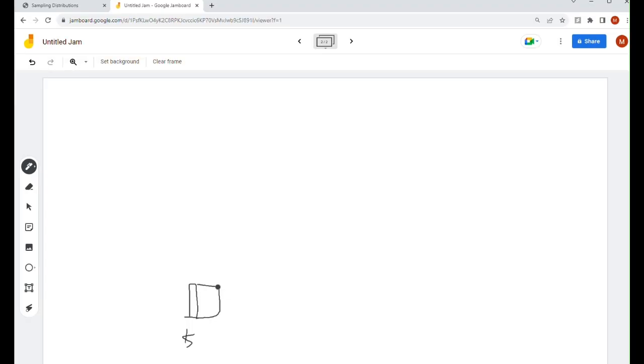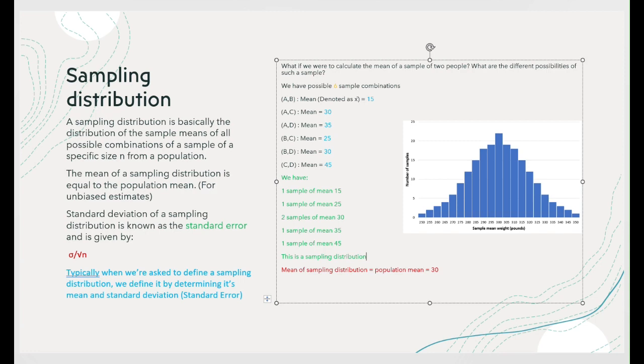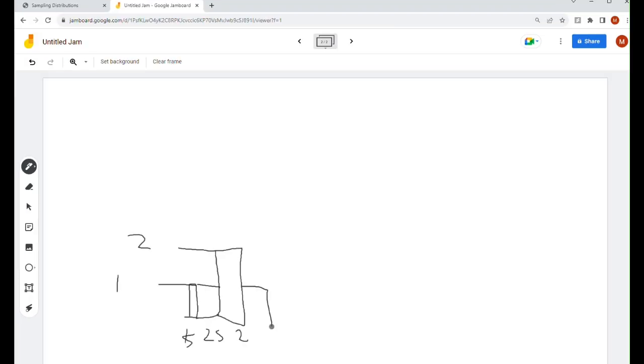We have two samples with mean 30, one sample with mean 35, and one sample with mean 45.